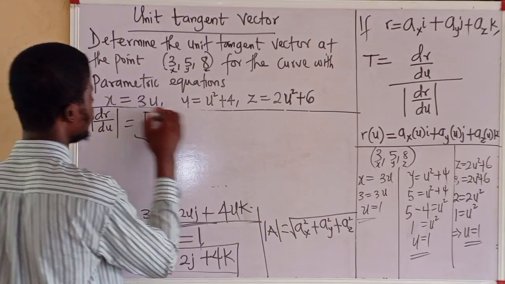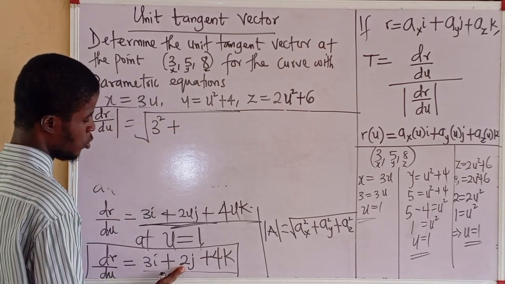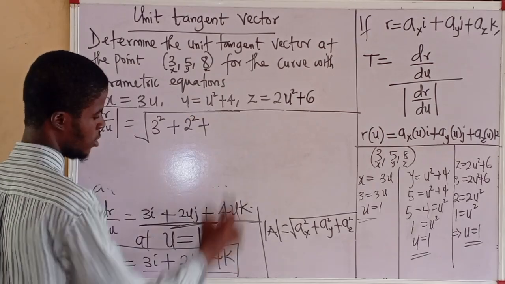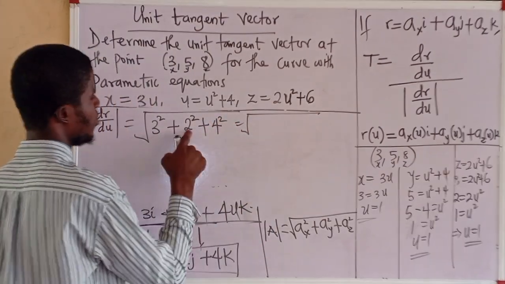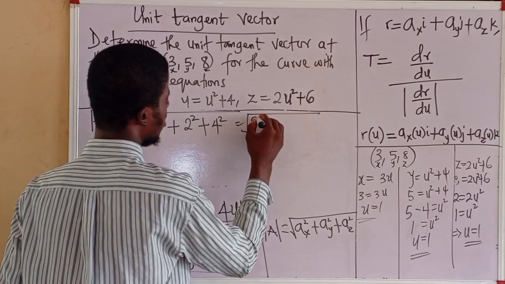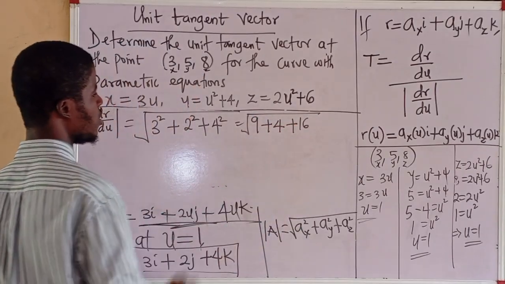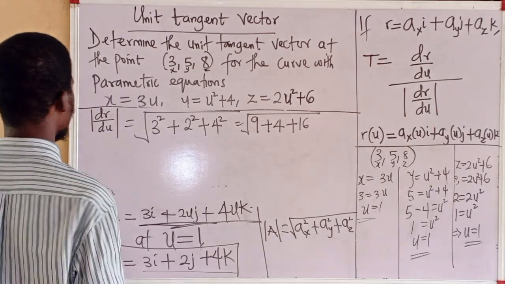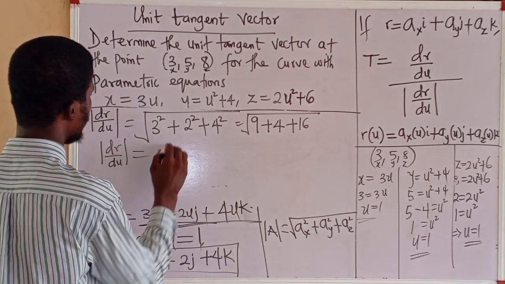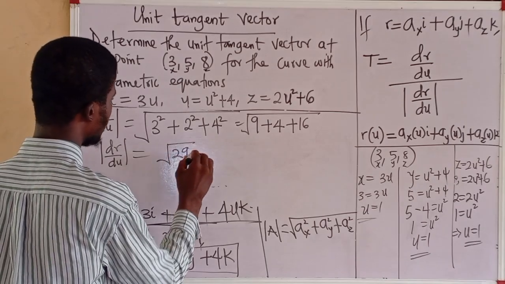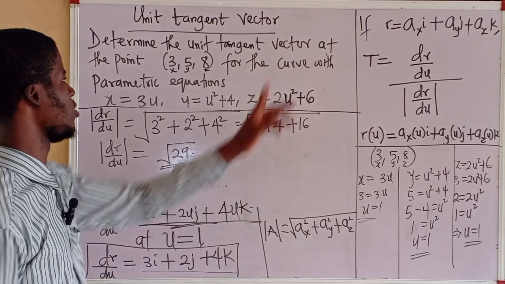So I have the square root of 3 squared plus 2 squared plus 4 squared. 9 plus 4 plus 16. 4 plus 16 is 20, and 20 plus 9 is 29. So the modulus of dr/du is the square root of 29. So what now is the unit tangent vector T?